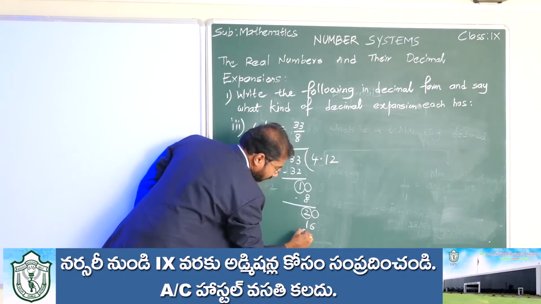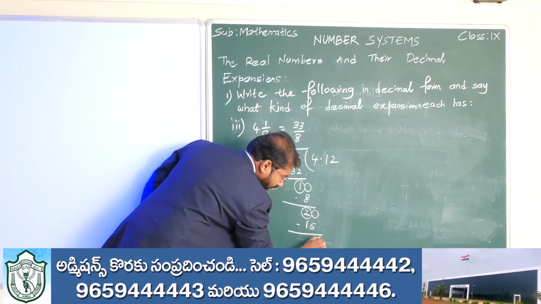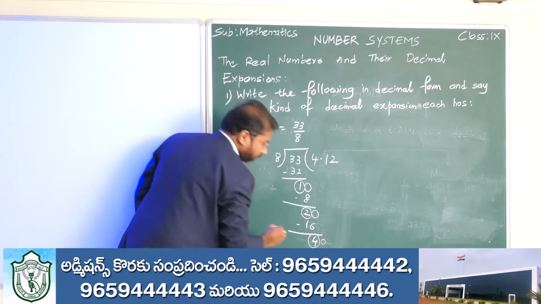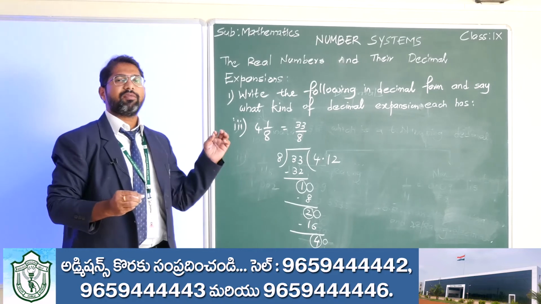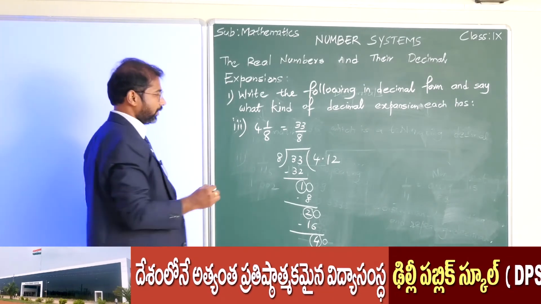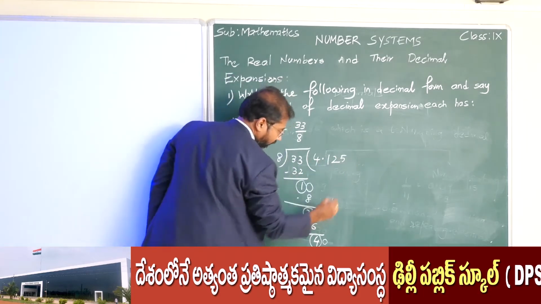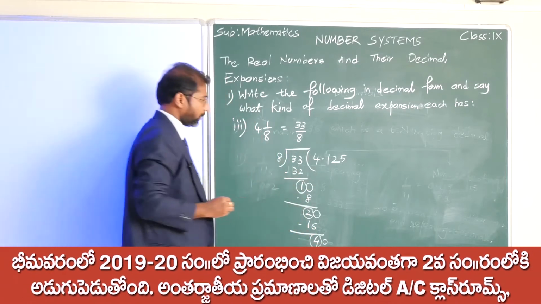When you subtract, you will get remainder as 4. Now add 0. Now that new dividend becomes 40, and 40 will go exactly in 8 table. 8 5s are 40. And when you subtract, the remainder is 0.